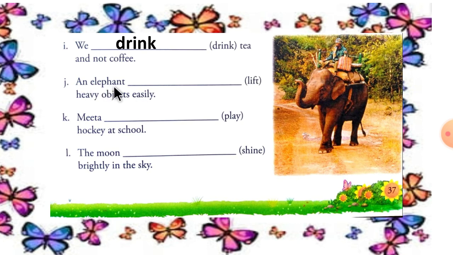An elephant lifts heavy objects easily. Meeta dash hockey at school. Answer plays. Meeta plays hockey at school. The moon dash brightly in the sky. Answer is shines. The moon shines brightly in the sky.